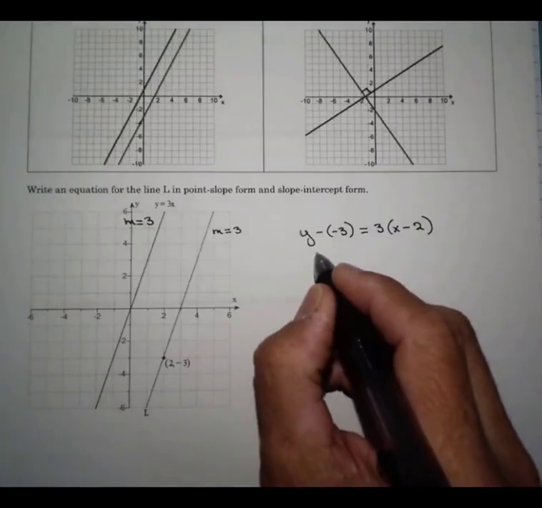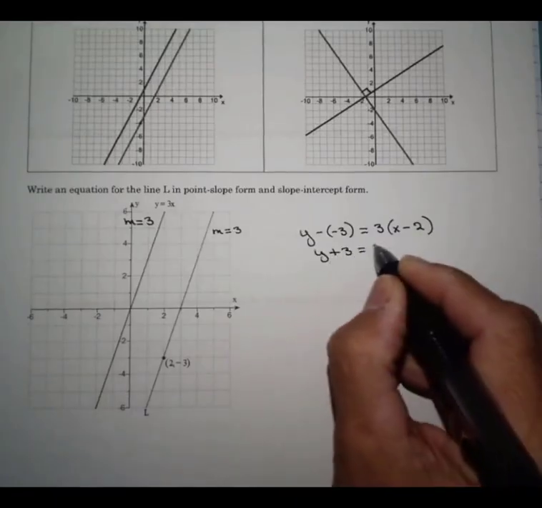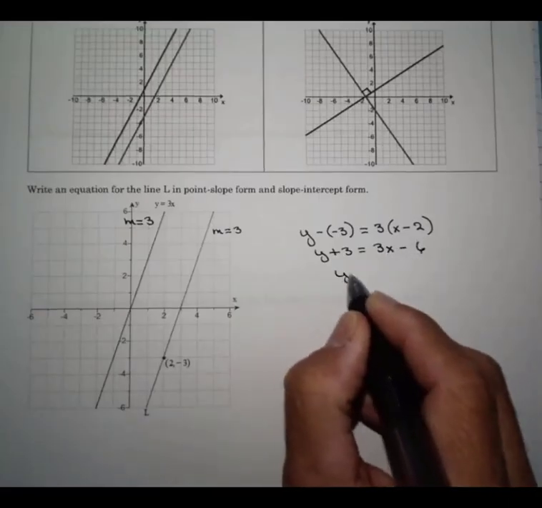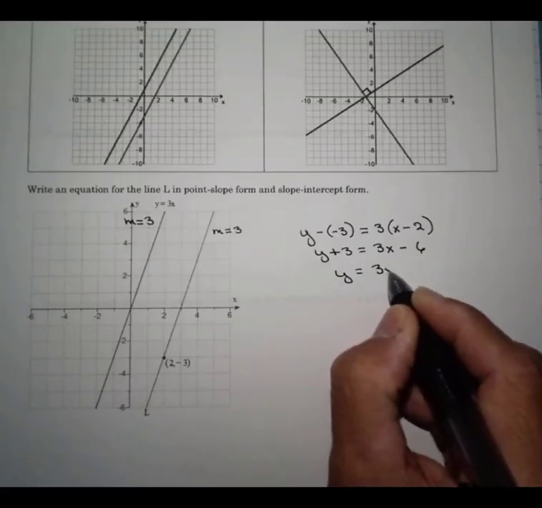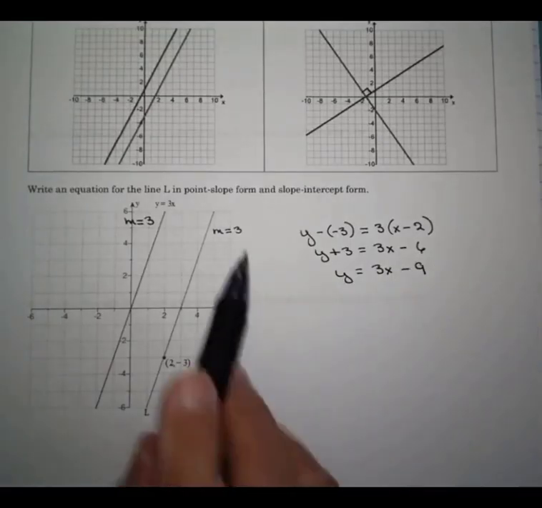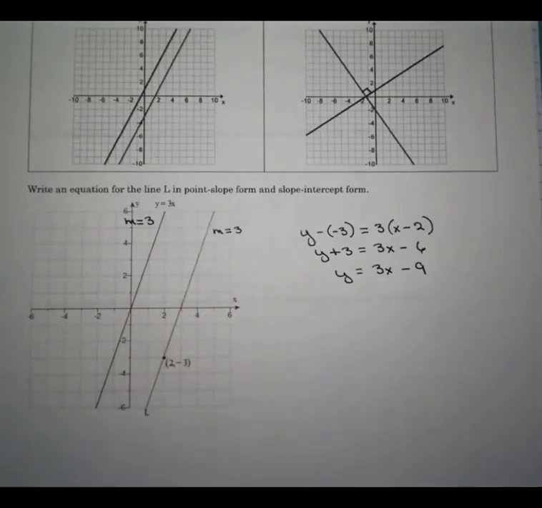Now let's do the math. This turns into y plus 3, and I'll distribute, and I get 3x minus 6. And let's subtract 3 from both sides. And that gives me minus 9. So the slope-intercept form would be y is equal to 3x minus 9 for that particular line.